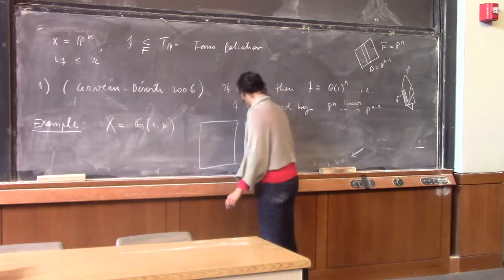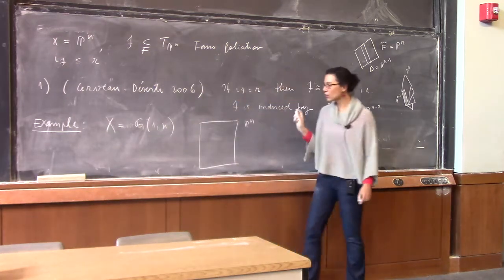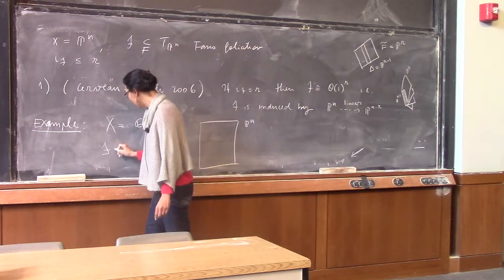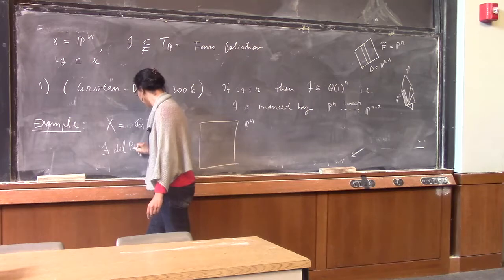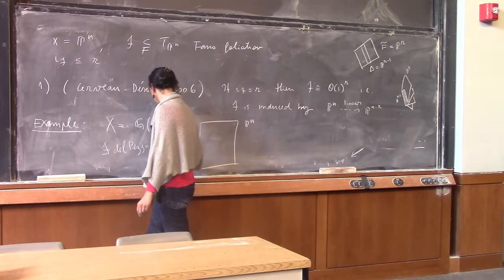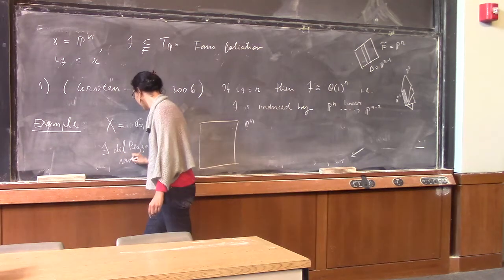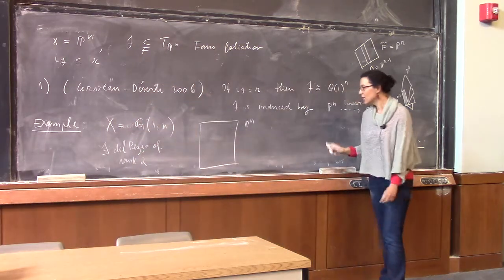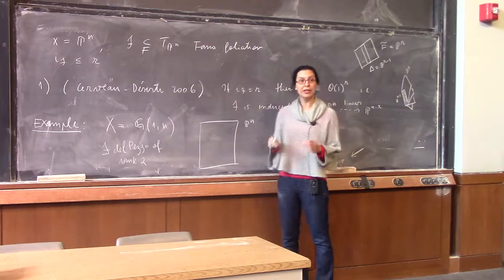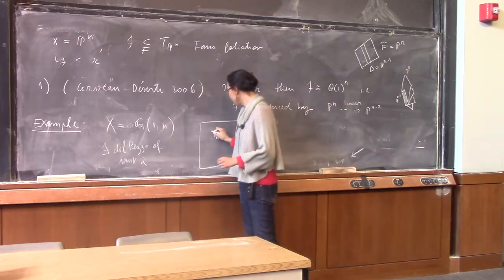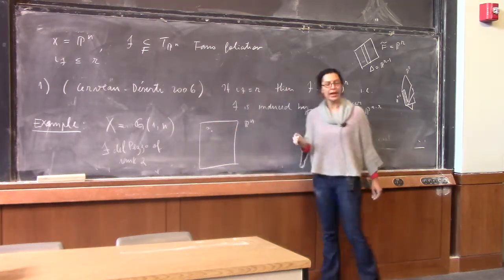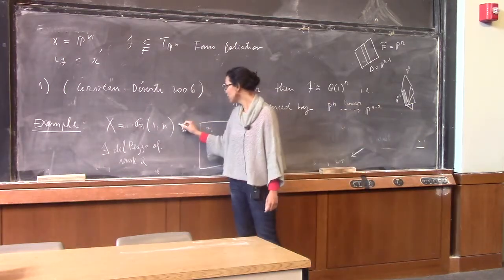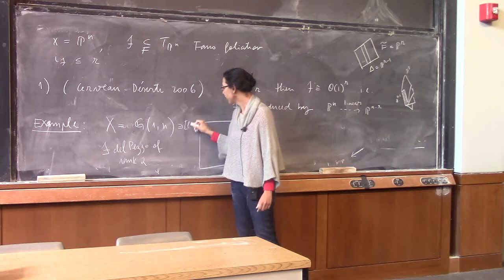So let me just draw Pn, and I will describe a foliation F. This is going to be a foliation of rank 2 defined on this Grassmannian. So what we do is the following. I will describe the leaves. You fix a point x in Pn, and I will tell you what is the leaf of the foliation at a general point L.